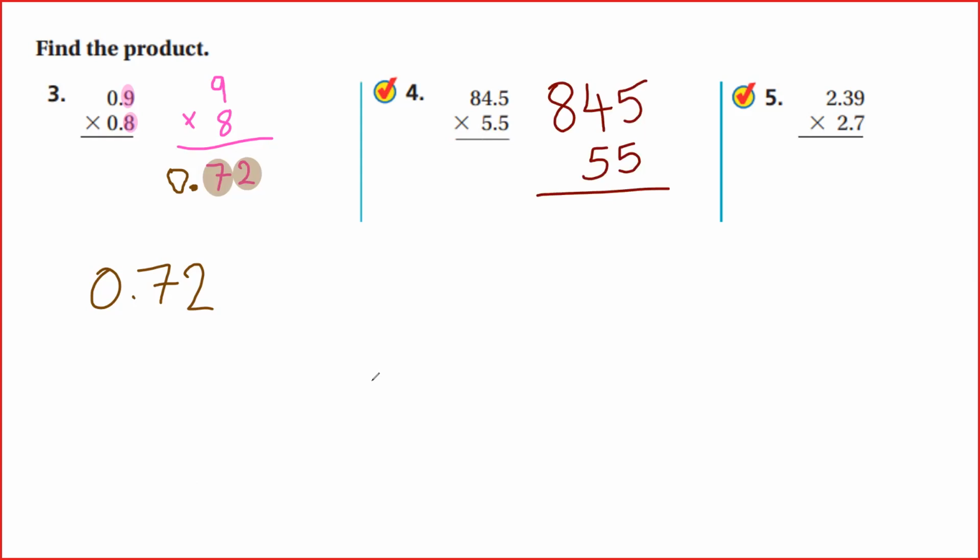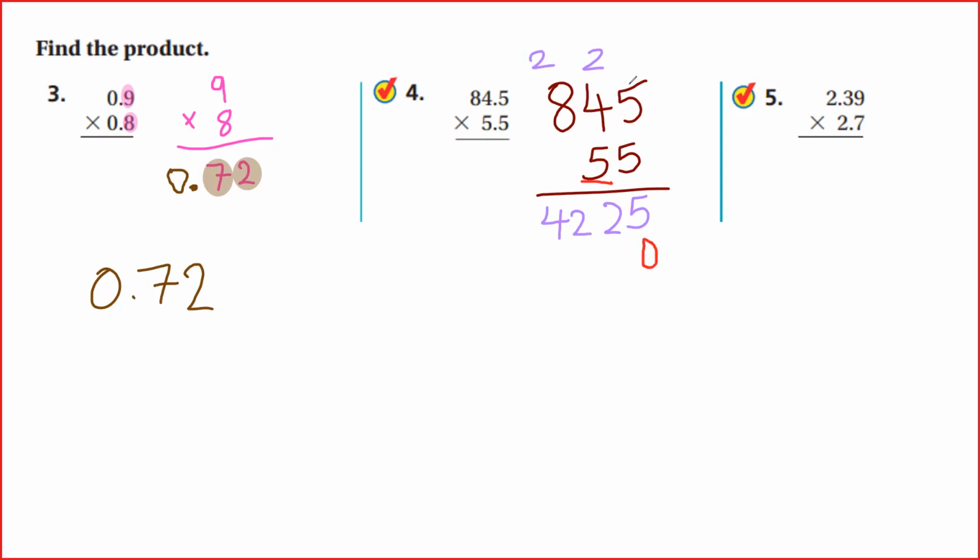5 times 5. 25. Yeah. Bravo, then. Just a minute, we didn't finish. No, wait. We have to multiply the second 5 now. This one, don't you forget it.